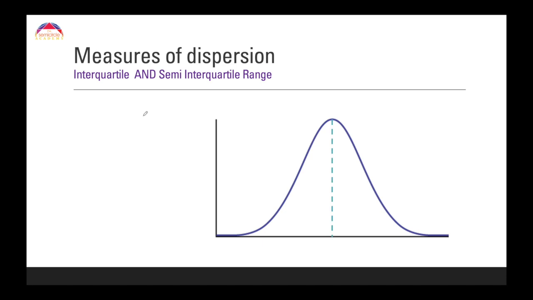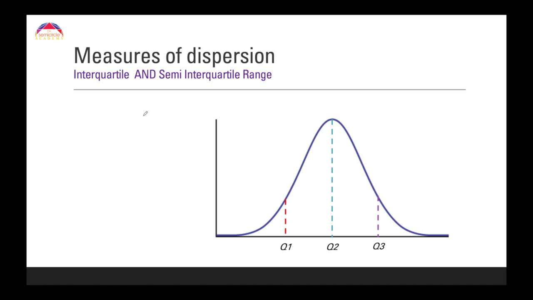So remember here I have the median, and we called the median Q2. So Q2 is the second quartile. That is what Q is for. Q is for quartile. So we have here obviously Q1, and we have here Q3.